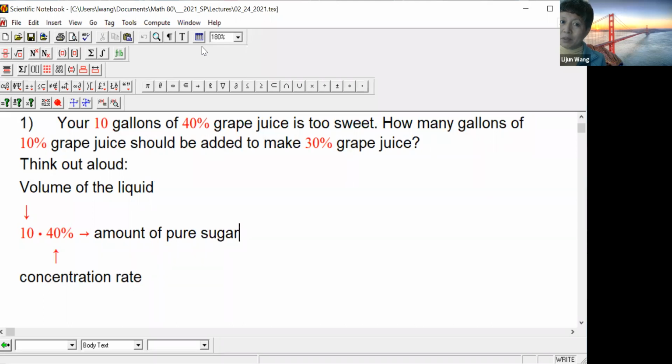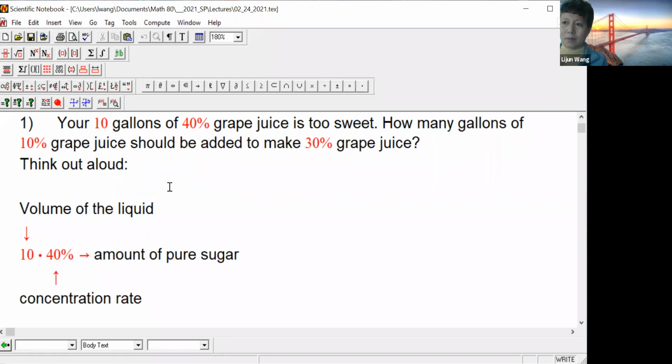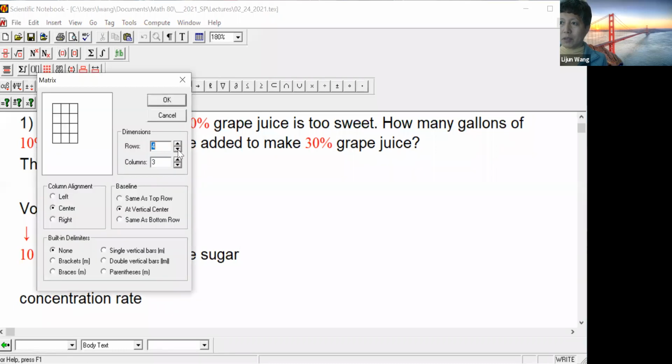We've done something similar before, didn't we? With the investment problems. What did we do there? Okay, so I'm going to set up a table for comparison.